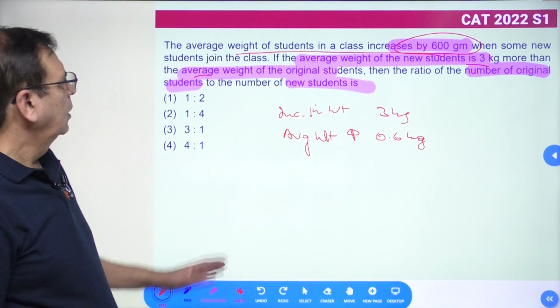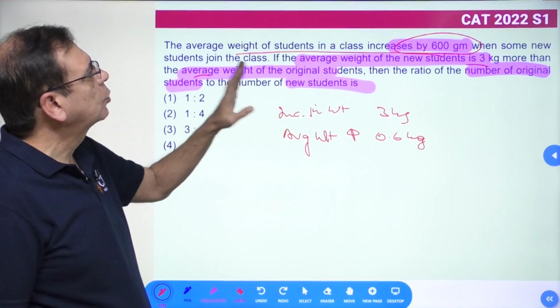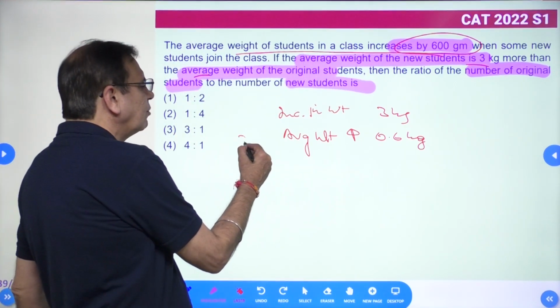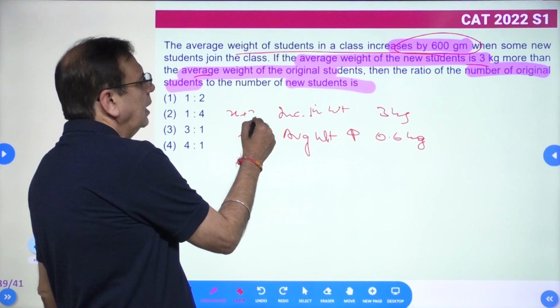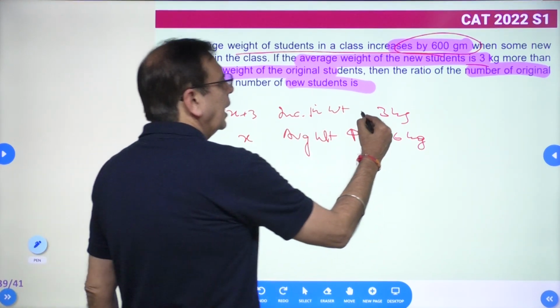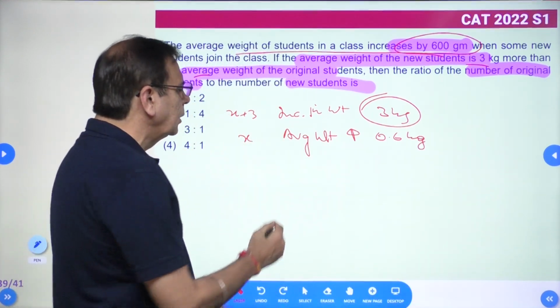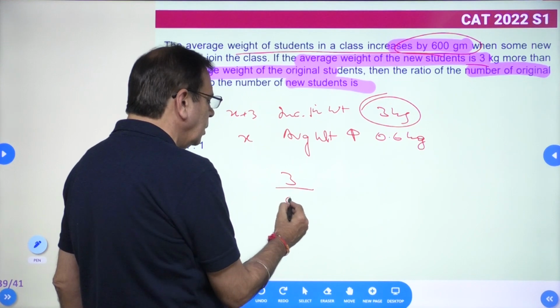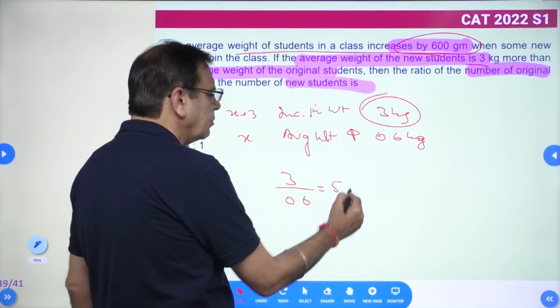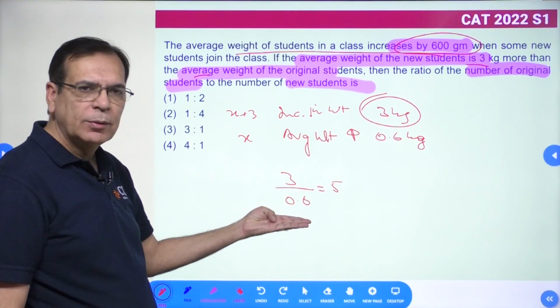So deviation जो है, what is the deviation? Average weight of the new stones is 3 kg more. So इनका average weight x है, तो इनका x plus 3 है, so the deviation from the original is 3 kgs. Now this extra 3 kg, between how many stones will it be distributed? It will be distributed between 3 upon 0.6, which is equal to 5 stones. So this extra 3 kg has to be distributed between 5 stones.